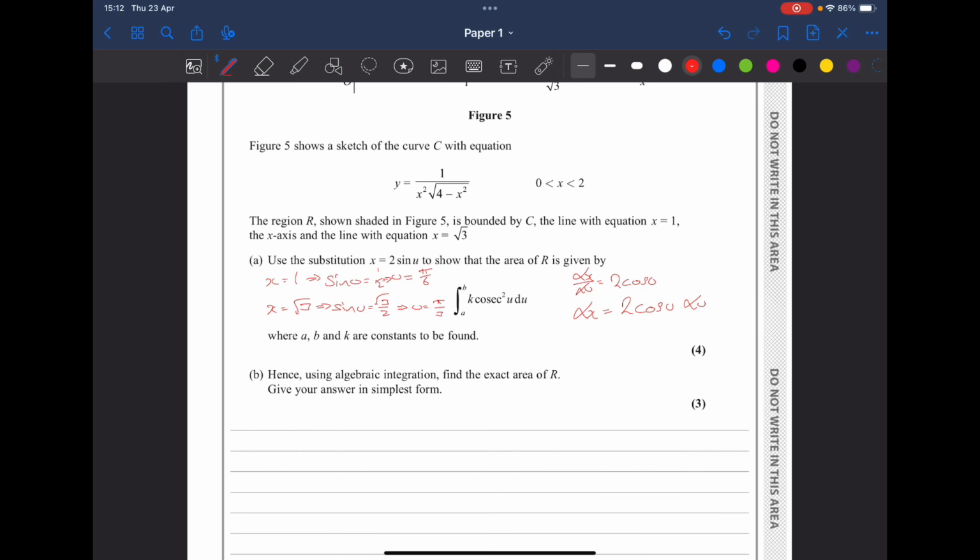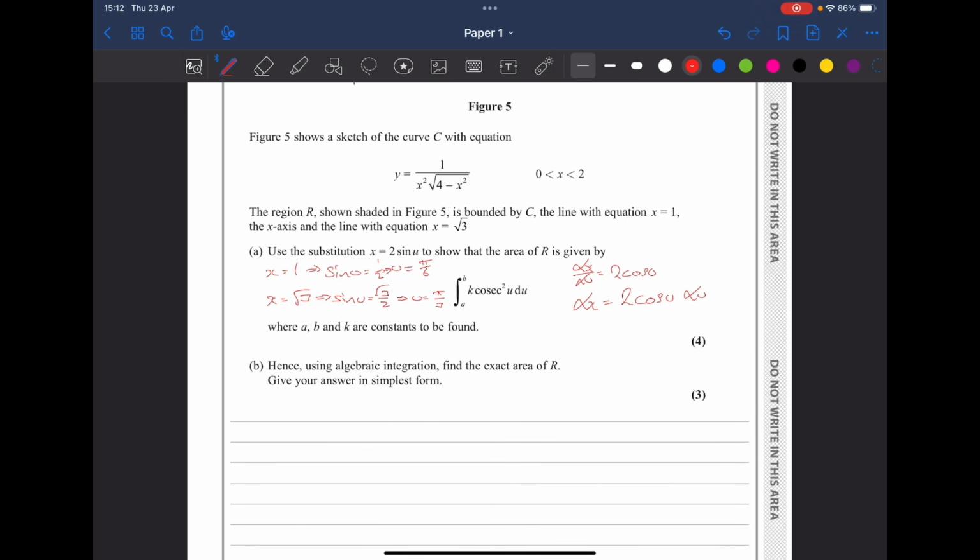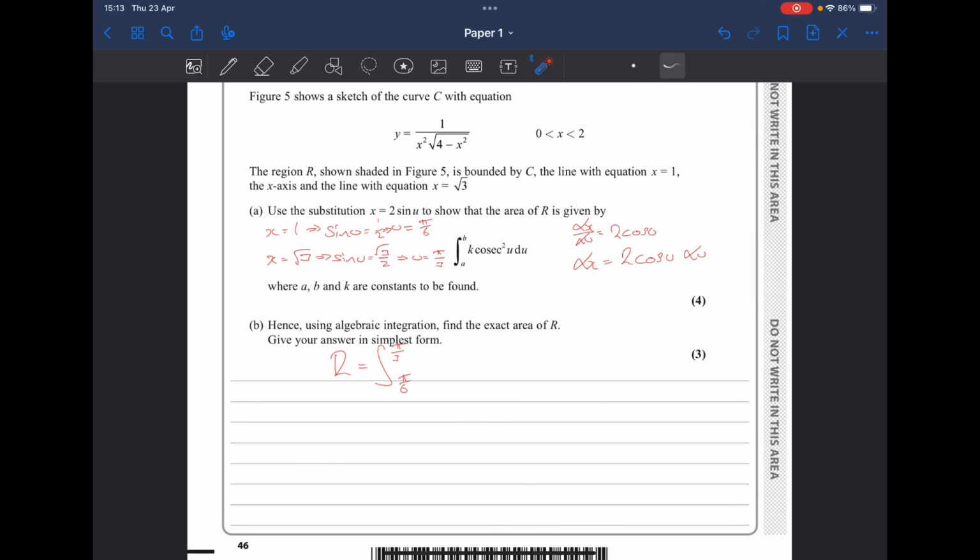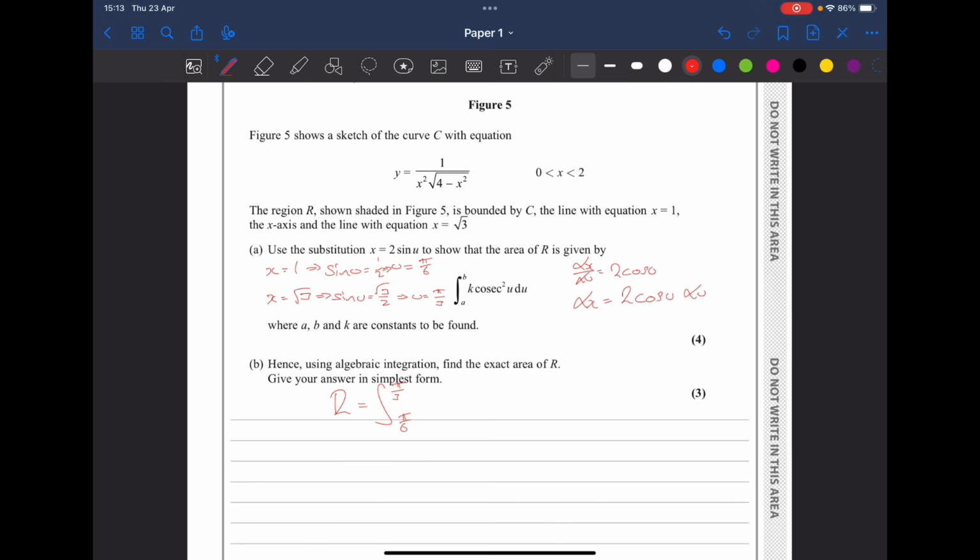Let's fill all the bits in. So did I call it R? Yeah, R should be the integral from pi on 6 to pi on 3, with 1 on the top. I'll actually put my dx up the top. So dx was 2 cos u du.